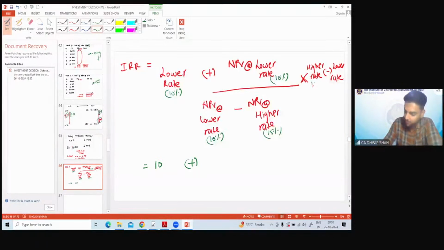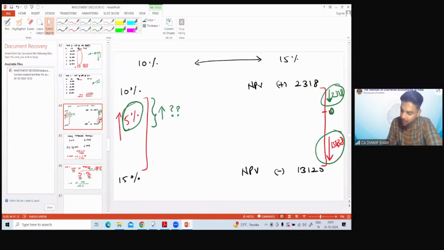Okay? NPV at lower rate. What was your NPV at 10%? Can I say it was positive 2318? The whole divided by NPV at lower rate 2318 minus NPV at higher rate. Higher rate was 15%. Our NPV at 15% is negative 13120.